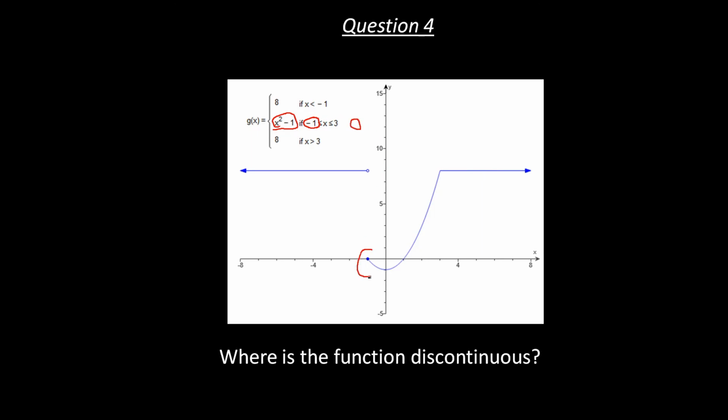And you can see that's right down here. So this output as we get closer to -1 is 8. This output as we get closer to -1 is 0. These don't equal, and so we know these pieces aren't touching. And you can see it here graphically then. And so we know it's discontinuous then at -1.